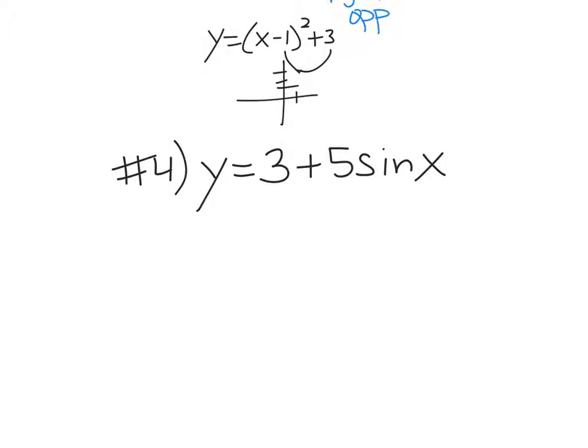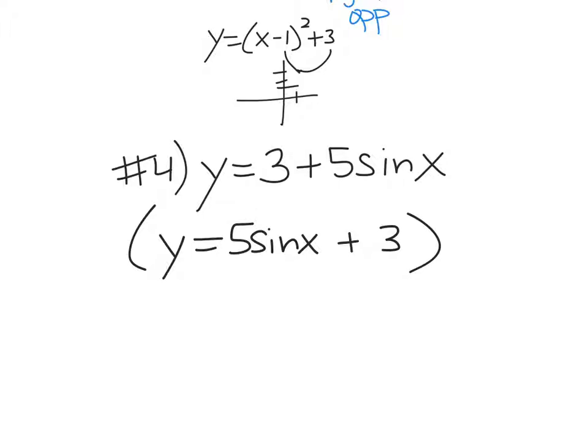Now they'll write it like this. This is why I wrote it like this. This is the same thing as 5 of sine x and then plus 3. You probably prefer the second way of writing it because you can see that you're taking this graph and shifting it up 3. When they put it in the front, it's the same thing. It's just they put it up front.